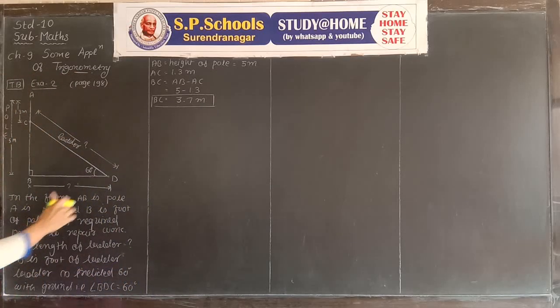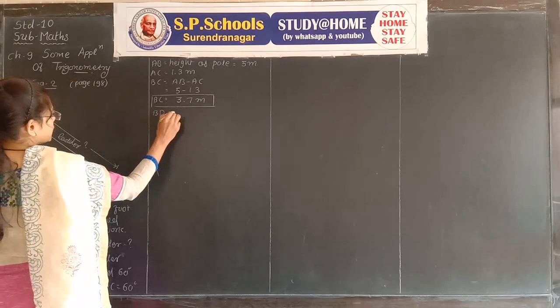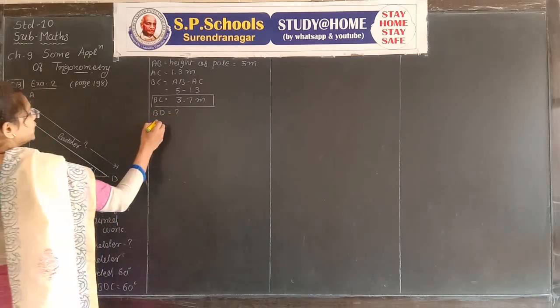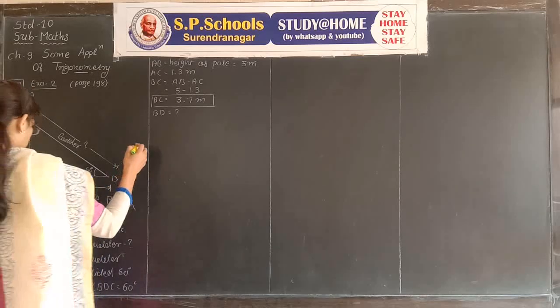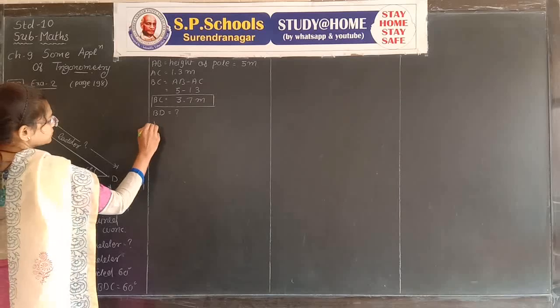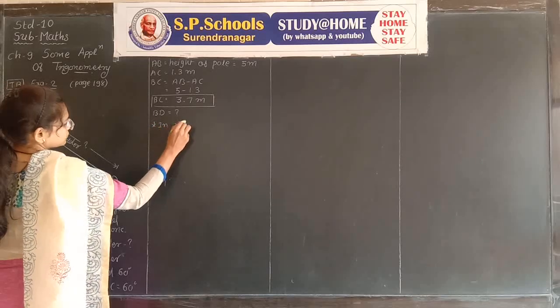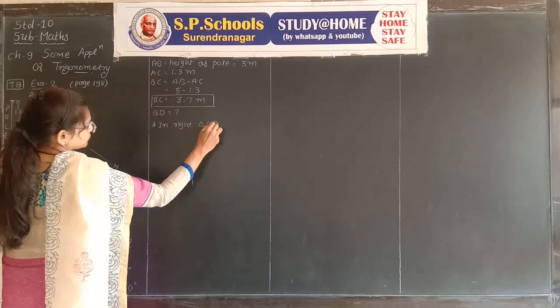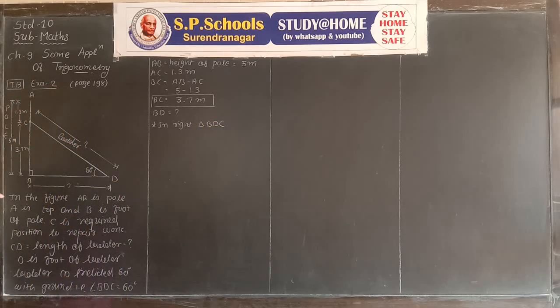Everything is written here. We need to find BD, which is the question mark, and the length of the ladder CD, also the question mark. Now we have to apply a trigonometric ratio as per our requirement. Here BC is equal to 3.7. In right triangle BDC, we know the opposite side and need to find the adjacent side.